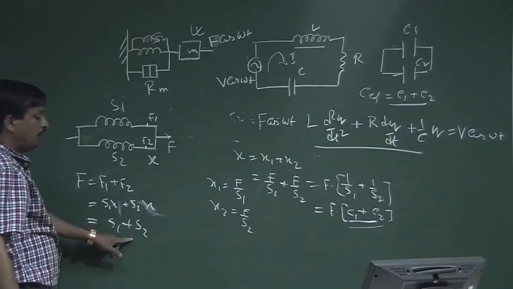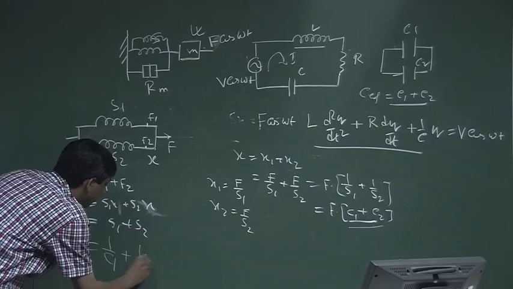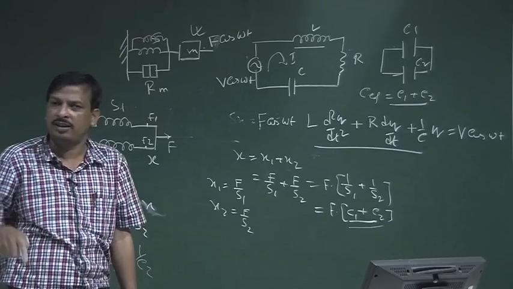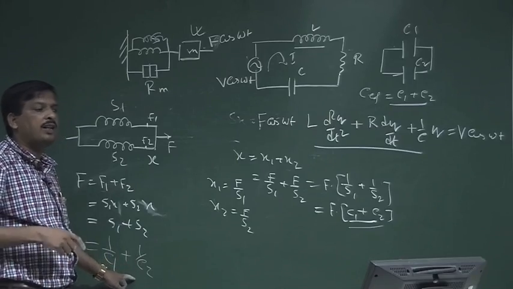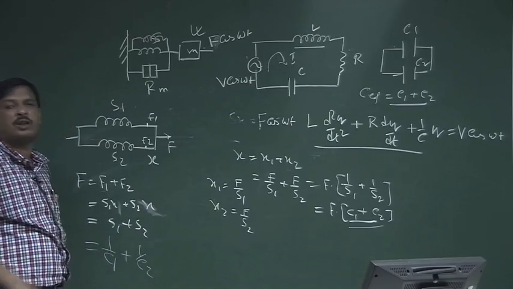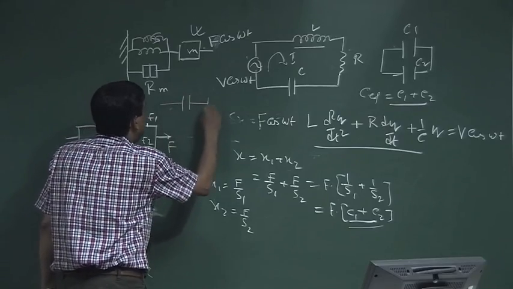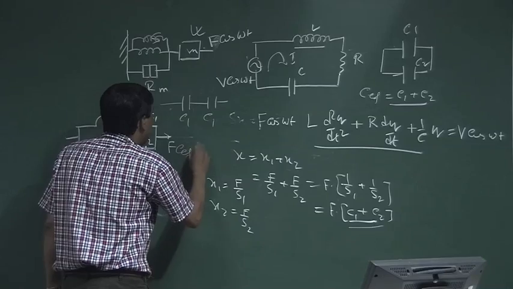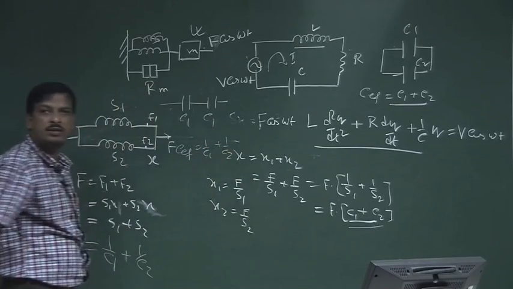Now, it is equivalent to 1 by C1 plus 1 by C2, because S is 1 by C. So, when is the capacitance 1 by C1 plus 1 by C2? When they are connected in series.